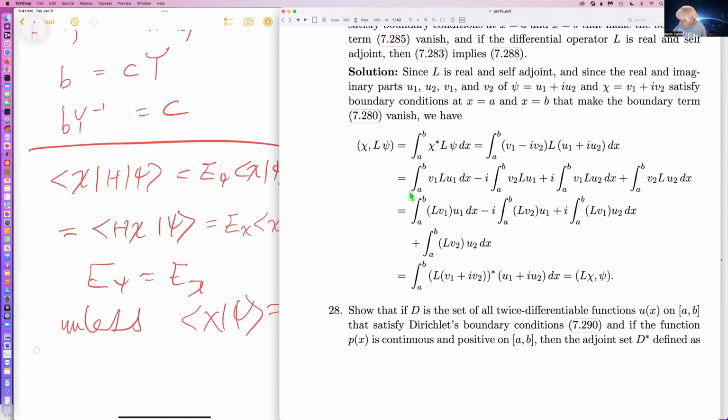So the eigenvalues are the same if the inner products don't vanish.